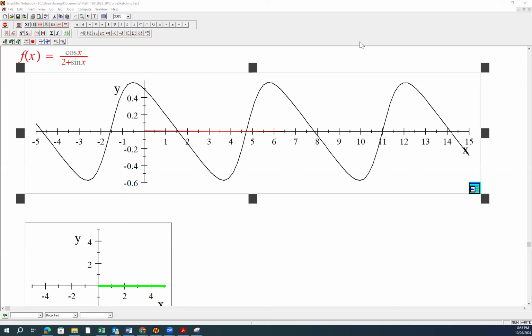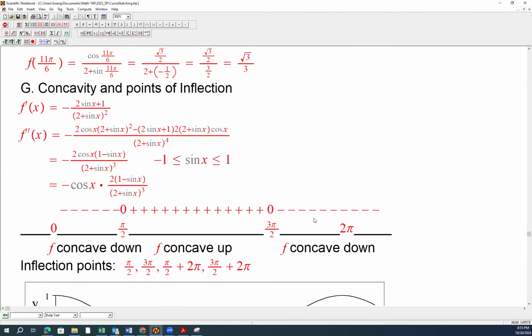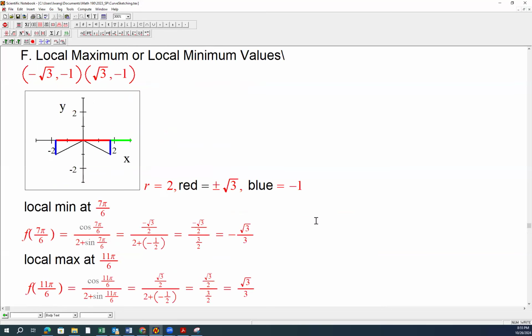Now let's mark some points that make sense that we have done. So where would it be the local max, local min, right? We have a local min at 7 pi over 6.